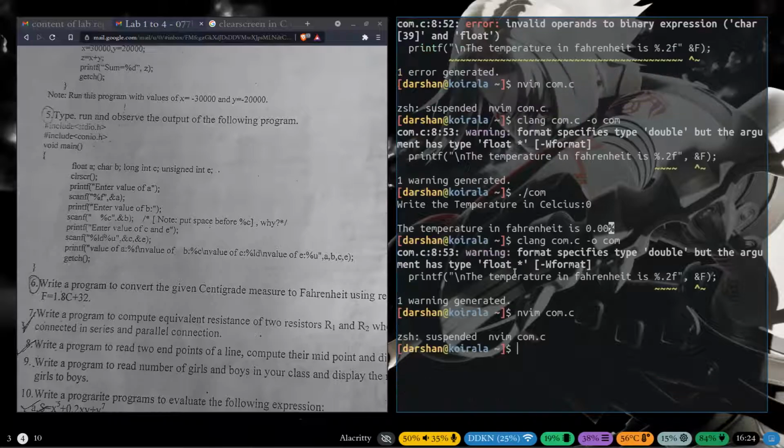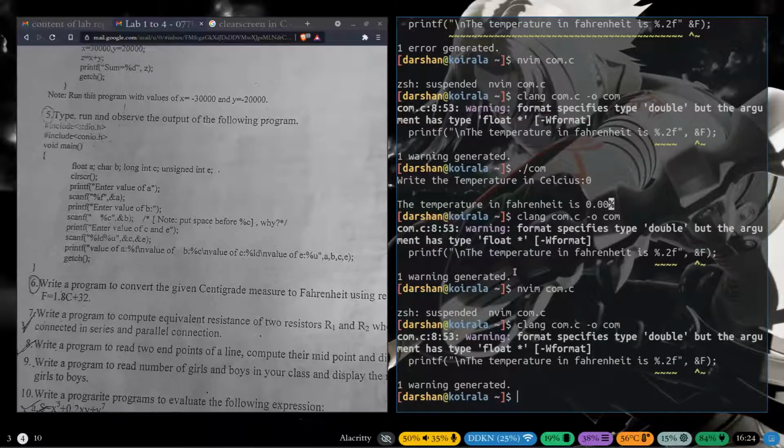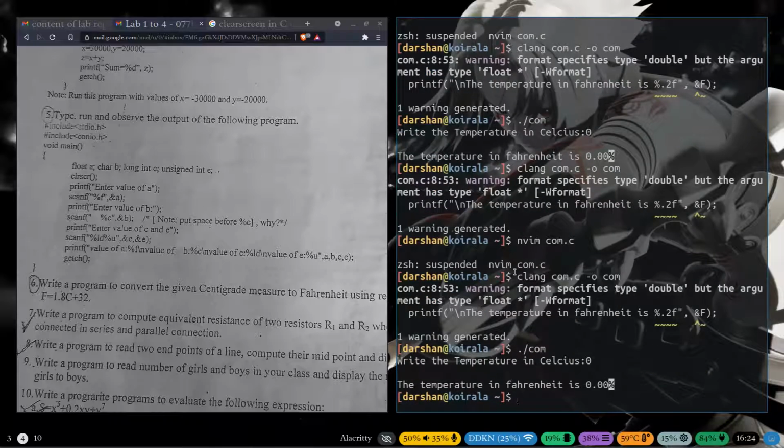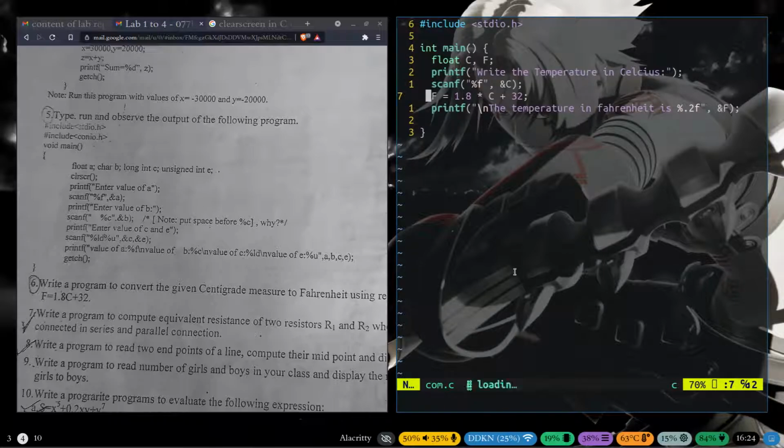I do not know why the heck it is happening. Temperature double, but argument is type not zero. Really? What the heck is happening? And C and F point.